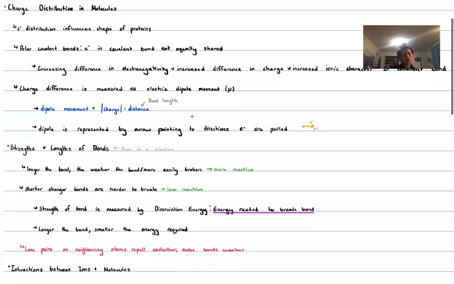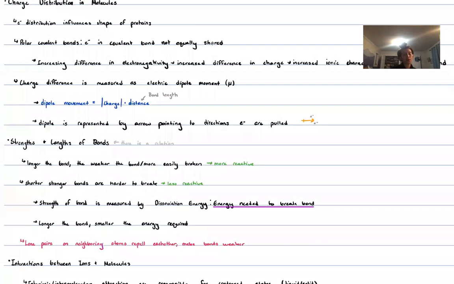I don't know if we ever saw any questions that dealt with that specifically, but it couldn't hurt to know if it asked what has a greater dipole moment or a smaller dipole moment, when it asks you to compare and contrast them. The way we represent that is an arrow pointing to where the electrons are going to go, and then a little cross to make it positive for the more positive side, because you're losing electrons.